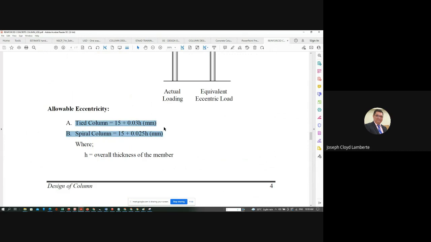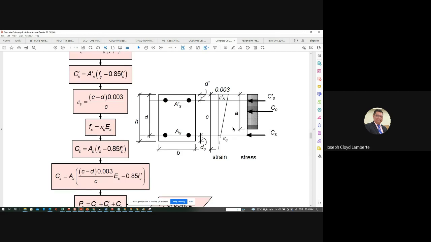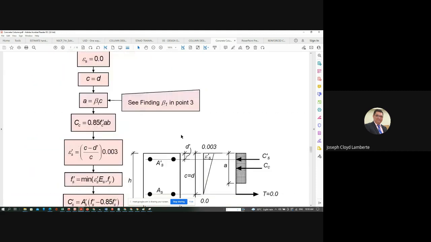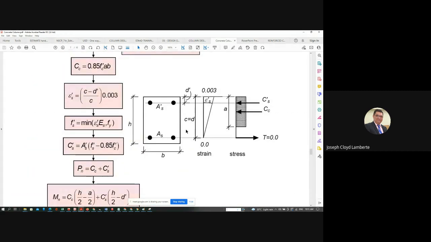But beyond that, your column will experience tension. So in that case, you need to consider moment, because it is now like a beam, with tension in the farthest reinforcement.